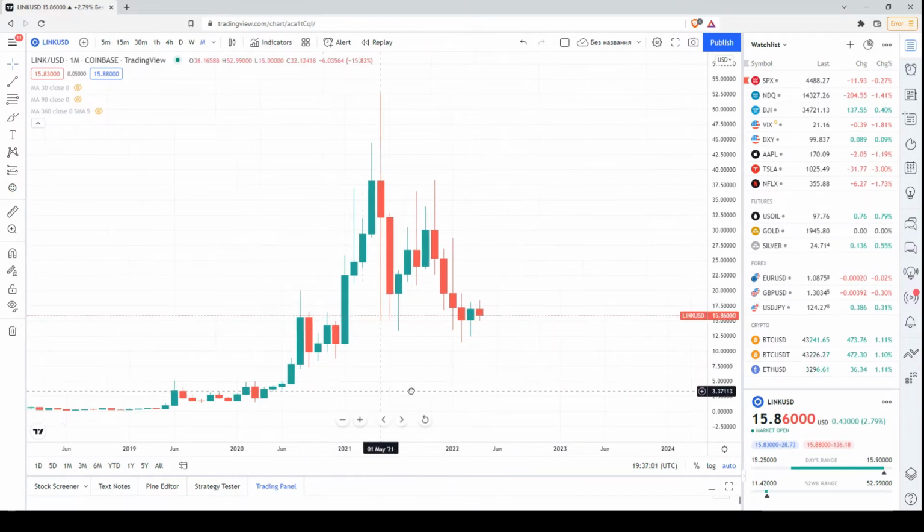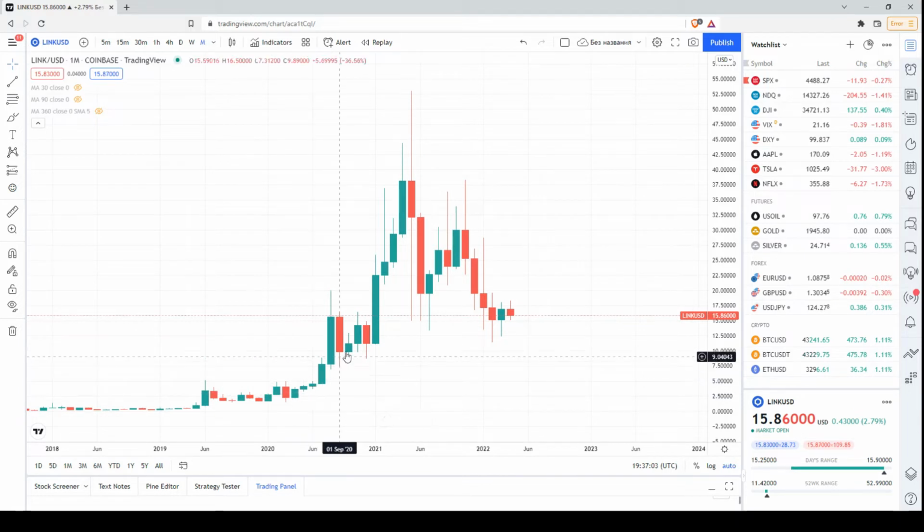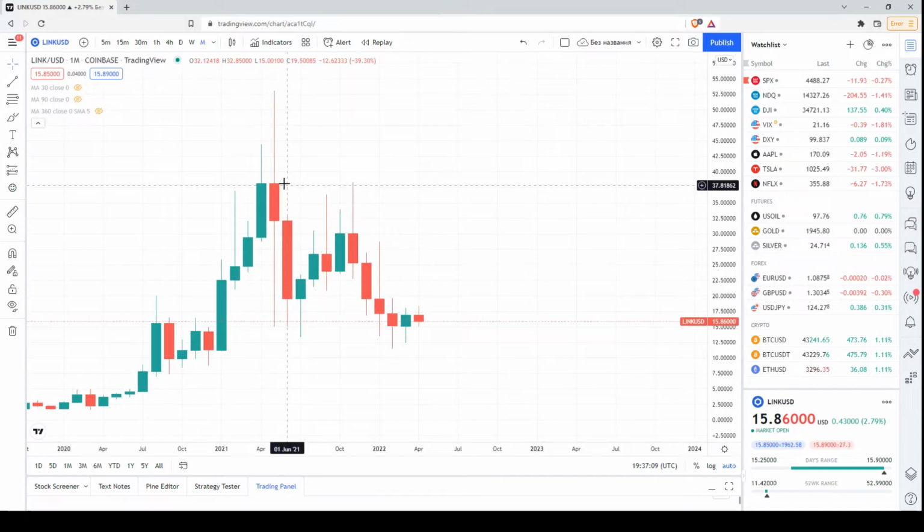So let me remind you that last year the price skyrocketed in the first half of the year. Then in May we had this quite big candlestick, so we had a really very volatile month. After that the price declined. We had a hammer at the bottom of this decline.